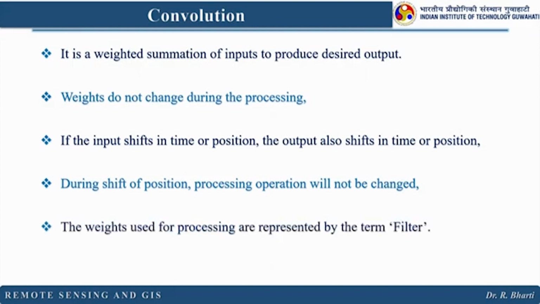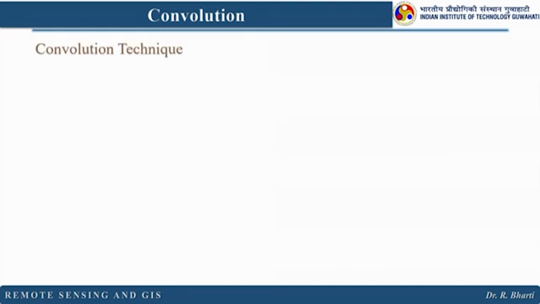The weights used for processing are represented by the term filter. So now we are calling those weightages together a filter. It doesn't matter whether it is 3 by 3, 5 by 5 or 7 by 7, those are termed filters.